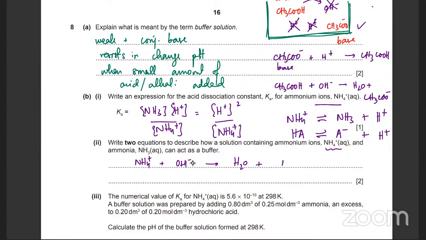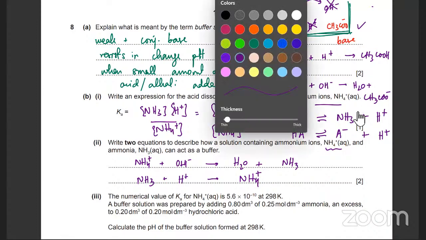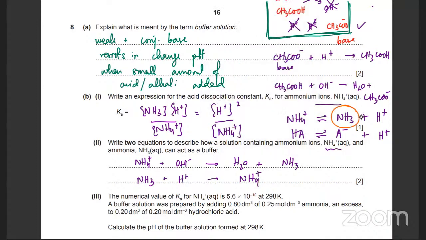And itself, it will turn into NH3. What if you add an H plus 1? Then the conjugate base, which in this case is NH3, will start consuming that and will turn into NH4 plus 1. So these are the two reactions that are going to happen. Remember, weak acid, it always forms a conjugate base. So this one is the weak acid, that's your conjugate base.